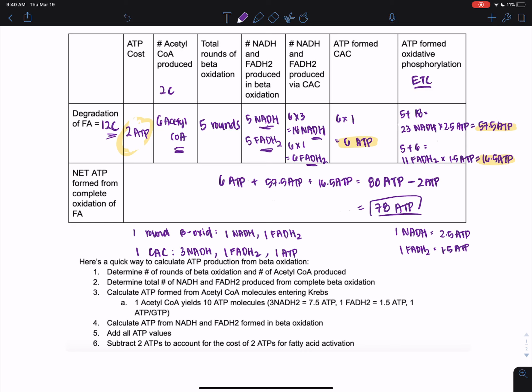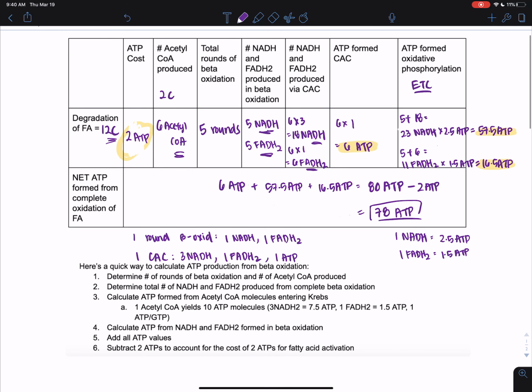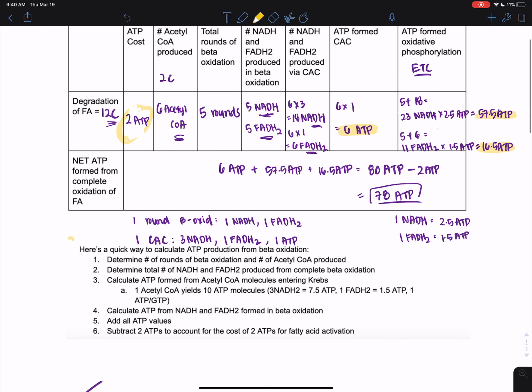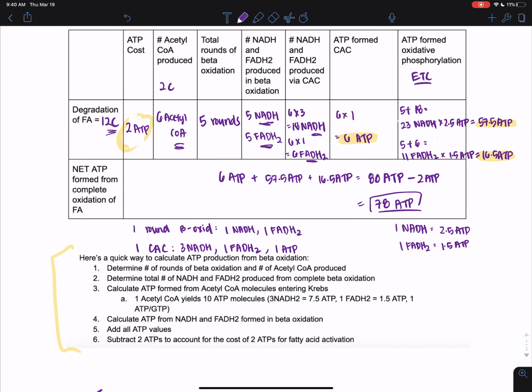Okay, so that's just the general process for accounting. I suggest going through this with different fatty acid chain numbers. But if you look right here, this is just kind of the layout that you would follow. First, find out how many acetyl-CoA you're making, and then how many rounds it will take to get to that number of acetyl-CoA.